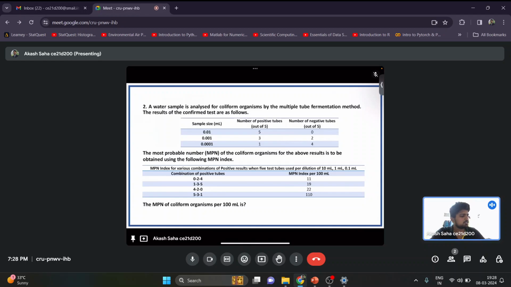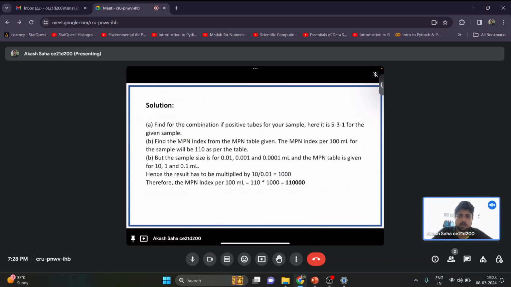So we will see the solution. At first, we have to find the combination of positive tubes of our sample. So here it is 531. Now find the MPN index from the MPN table. For 531, the MPN index is 110. The sample sizes are 0.01, 0.001, and 0.0001, but the table is given for 10, 1, 0.1.